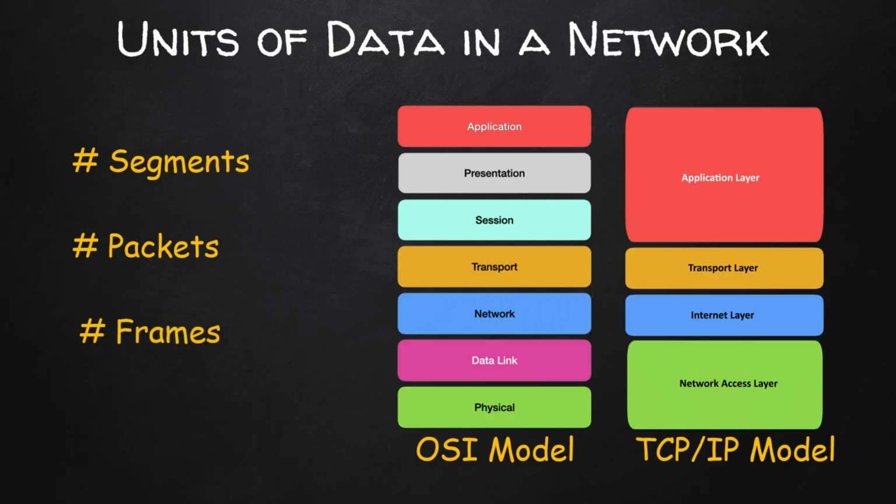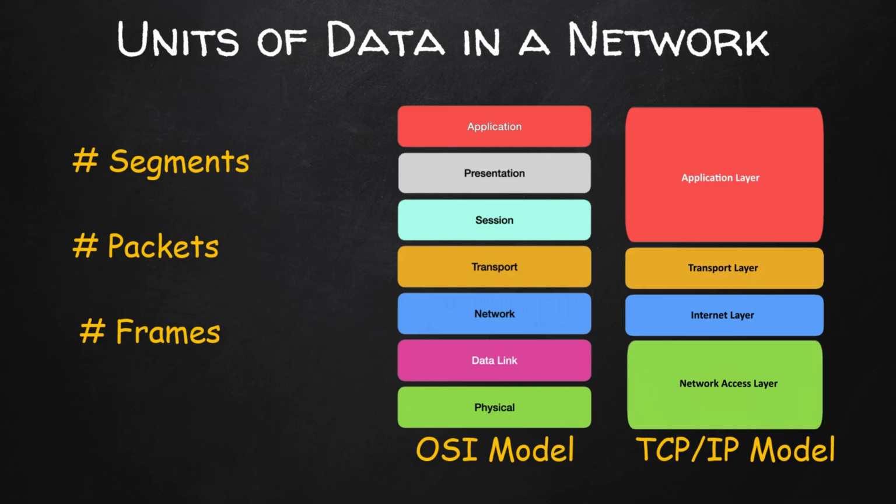When the data is passing through the TCP/IP model or OSI model, it passes through multiple layers. In the OSI model these are physical, data link, network, transport, session, presentation, and application. In the TCP/IP model, they are the network access layer, internet layer, transport layer, and application layer. When this data passes through these layers, it is called by different names.